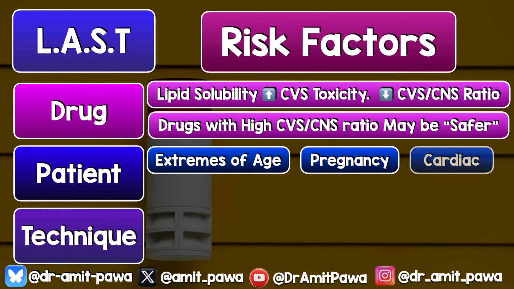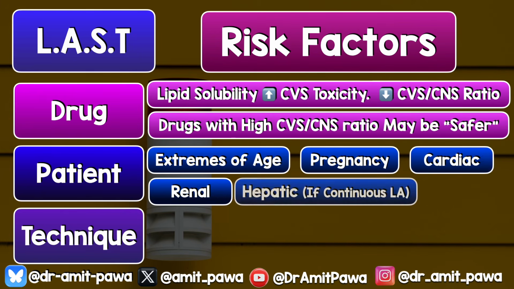Patients at the extremes of age, pregnancy, cardiac disease, renal disease, hepatic disease, and metabolic diseases are all at higher risk. And the extremes of age, certainly the older you are, the less muscle mass you have, and therefore the less areas you have for local anaesthetic to act as a sink. So therefore you're exposed to more dose of it.